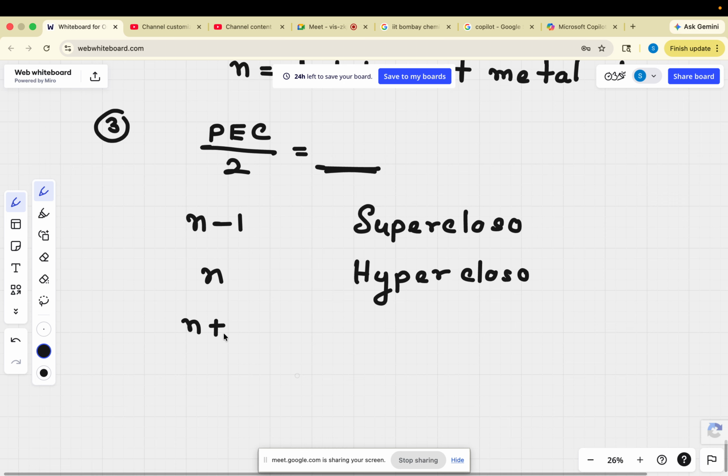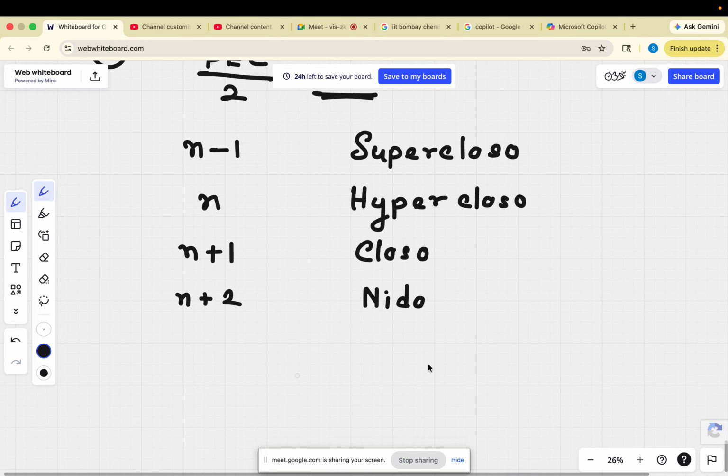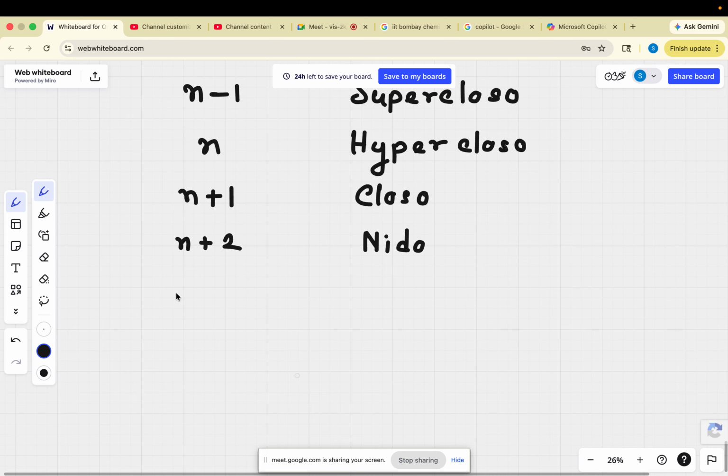Suppose you are getting n plus 1, one extra value, so that will be your closo. If you are getting n plus 2, that will be nido. Suppose you have n plus 3, that will be arachno.